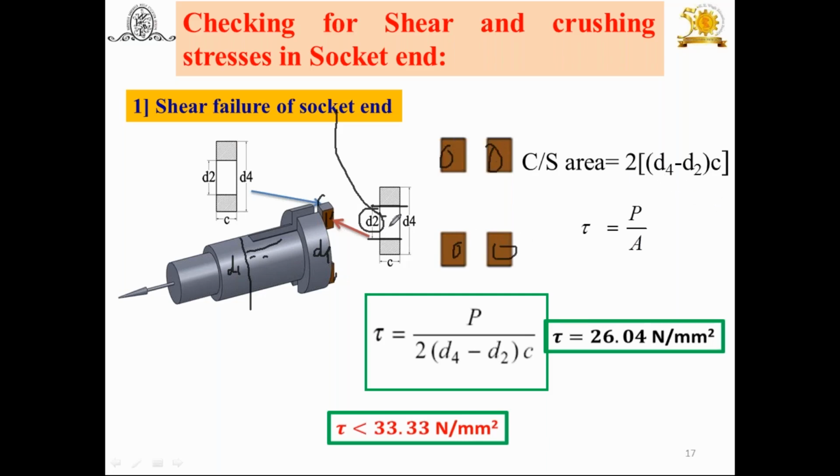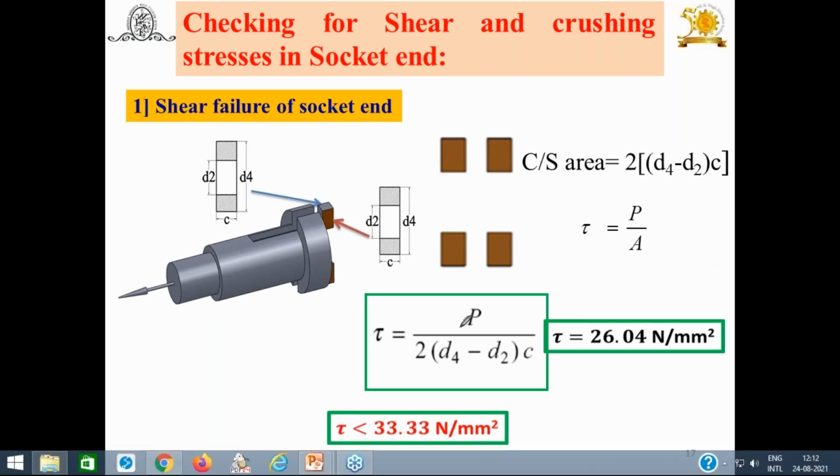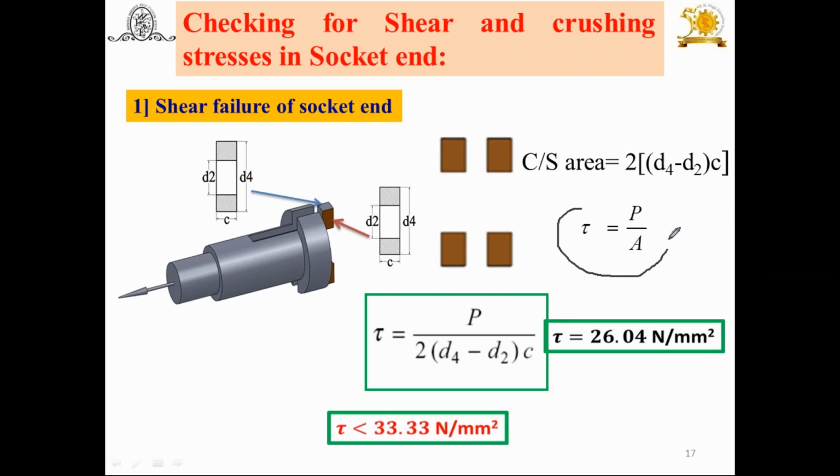The shear area is equal to, how to find out? D4 minus D2, and again this is C. D4 minus D2 into C is the area. This is for one, that means the frontal plane, and the backside is again the same, so you multiply it by 2. Here you will get the total shear area. The total shear area, tau is equal to P by A, is very important: D4 minus D2 into C into 2.